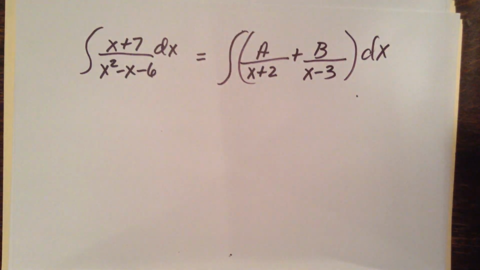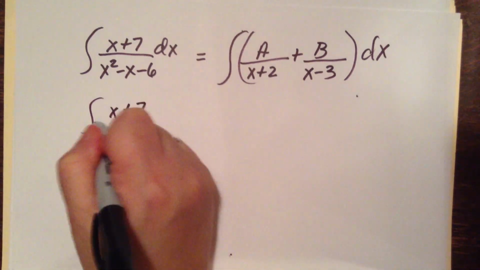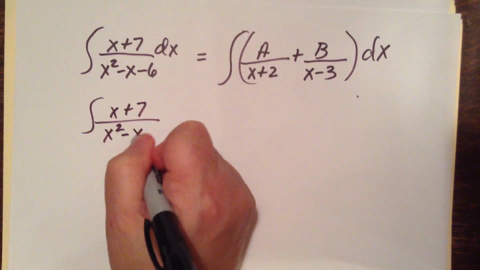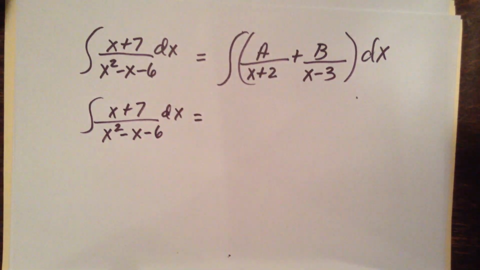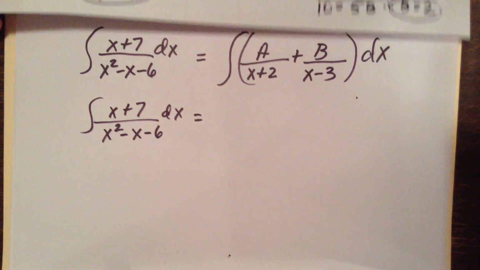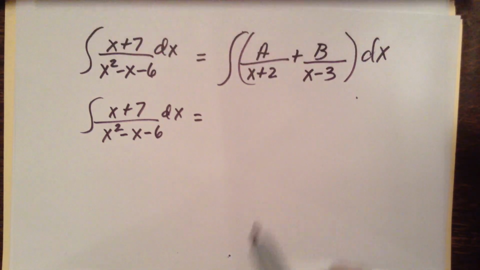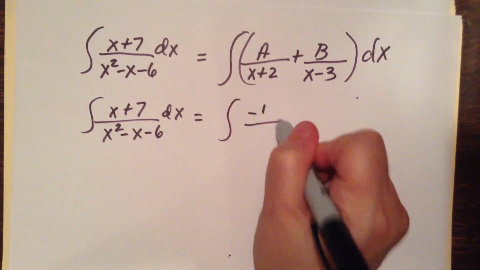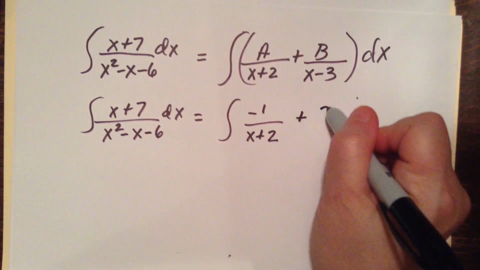And the goal was to try to figure out what those a and b were. And I think I did that just a moment ago. We had that a was negative 1 and b is 2. So I'll have negative 1 over this plus 2 over.